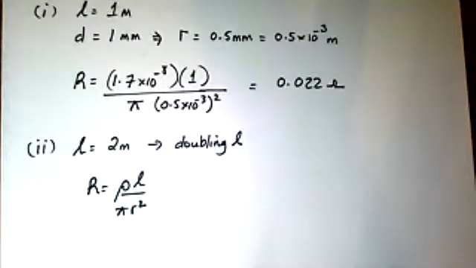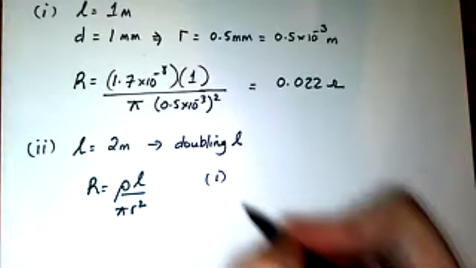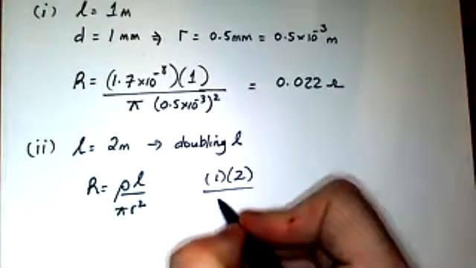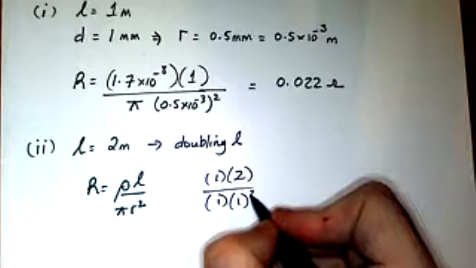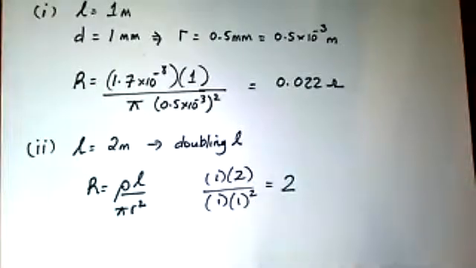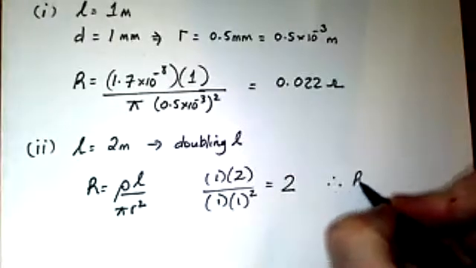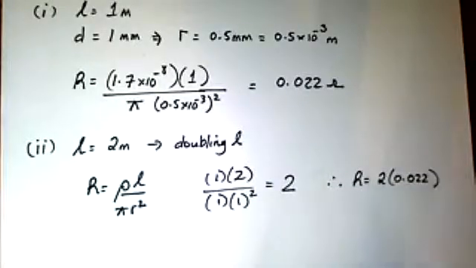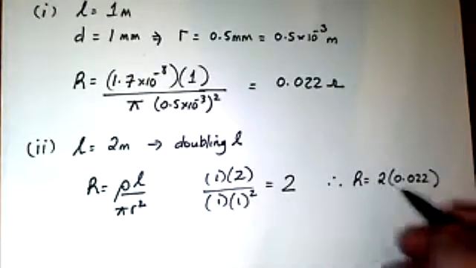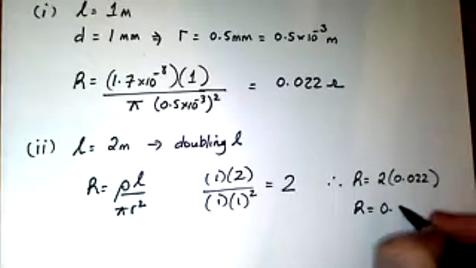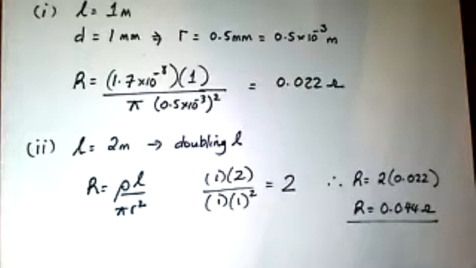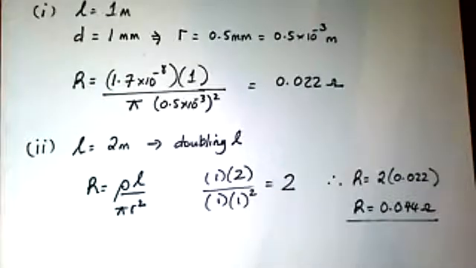The resistivity stays 1. We are doubling the length, so that becomes a 2. The pi stays the same, the radius stays the same. So all of that gives me a factor of 2. Therefore, the new resistance is going to be 2 times the 0.022 ohms that we calculated in the previous question, so the new answer is 0.044 ohms. So that's how we would do that one.